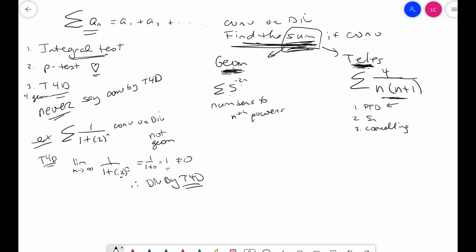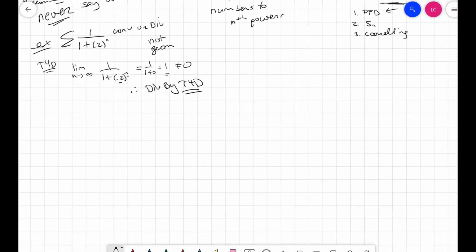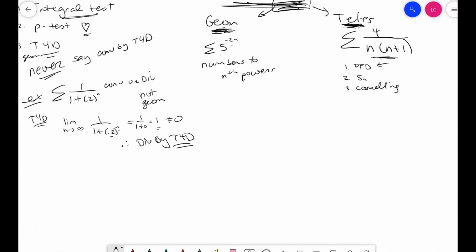All right, so let's look at a couple more. Just a point about this one here. A geometric sum, it could be like 3 to the negative 2n plus 6 to the negative n, like this. So if there's addition inside here, you must split it up to two separate sums.